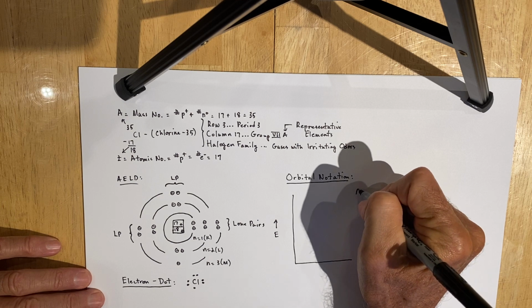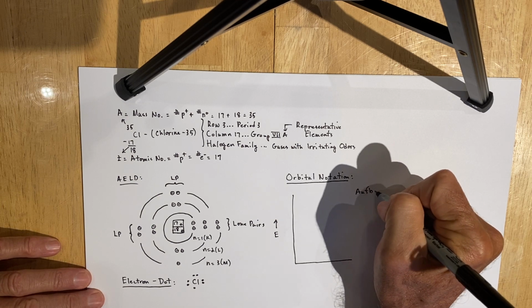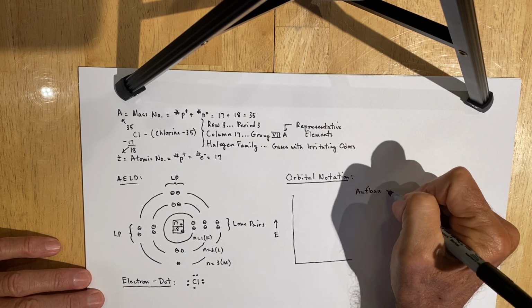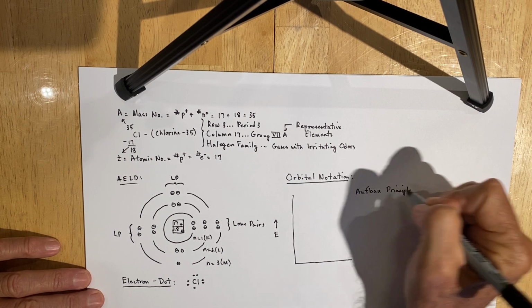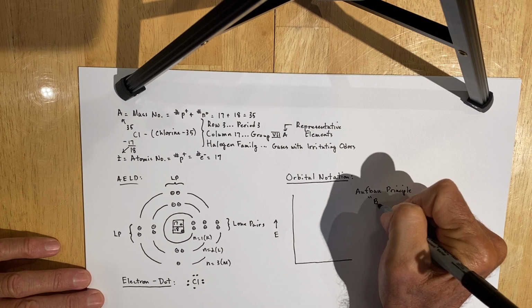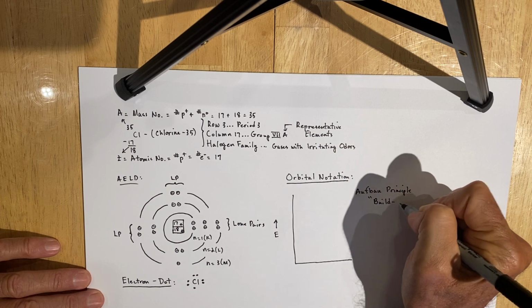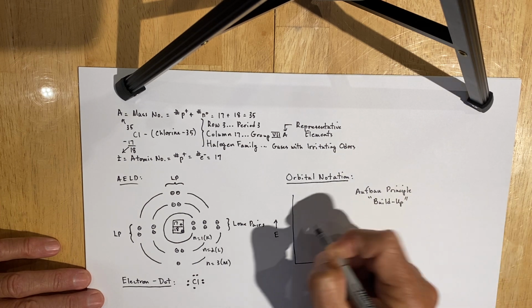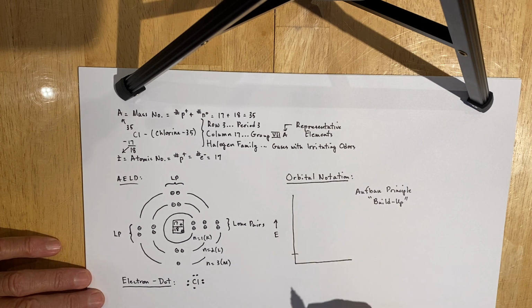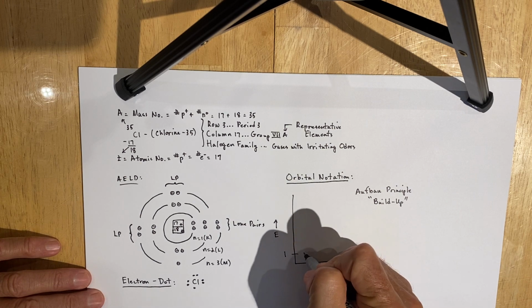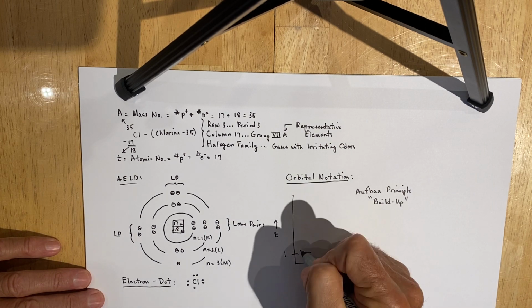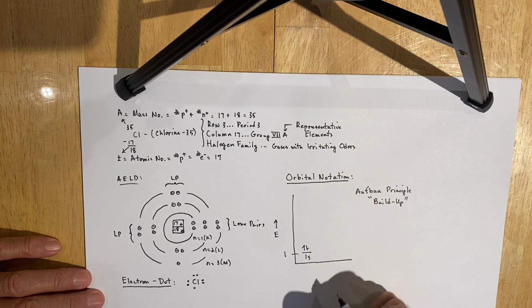The Aufbau principle, once again, is a German word that means to build up, which means we build the placement of electrons in energy levels that are closest to the nucleus first. So the first energy level has just an s sublevel with 2 electrons.